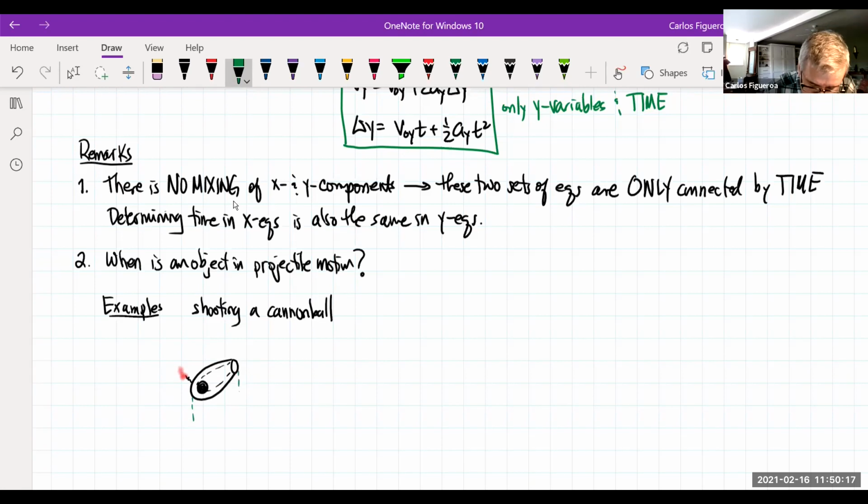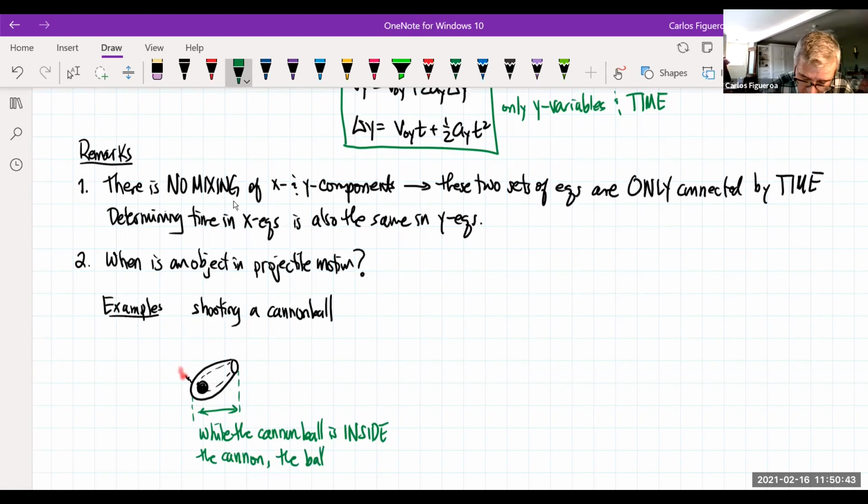So if I'm looking at this distance here from here to here, we could see that while the cannonball is inside the cannon, the ball is not in free fall.